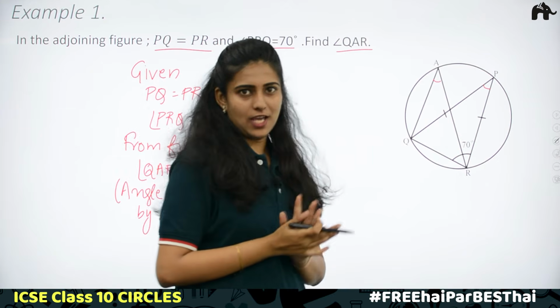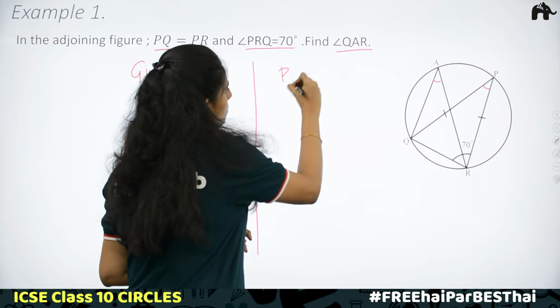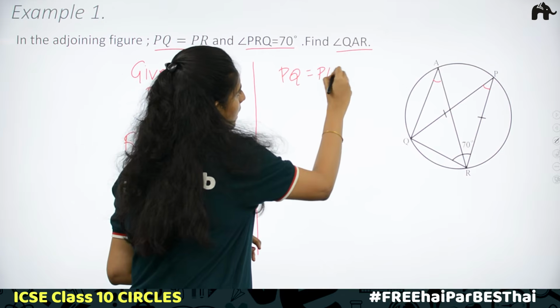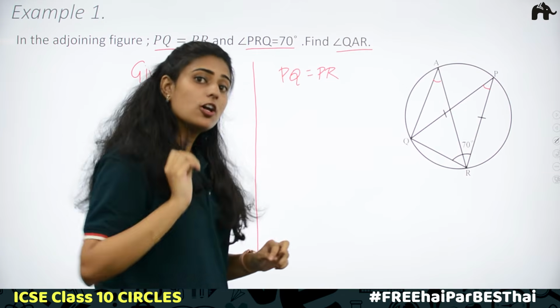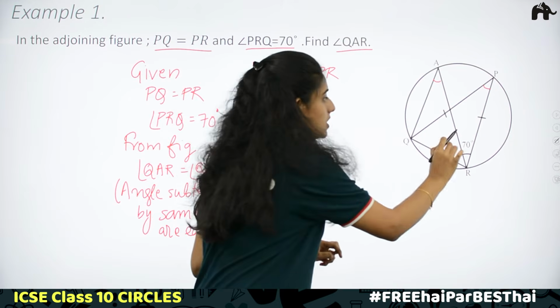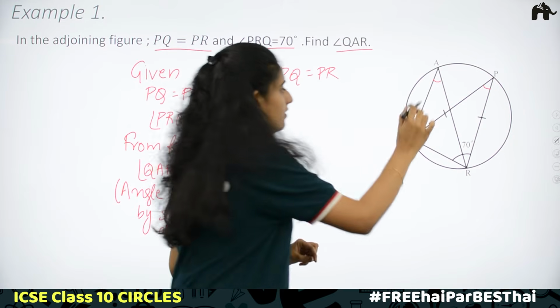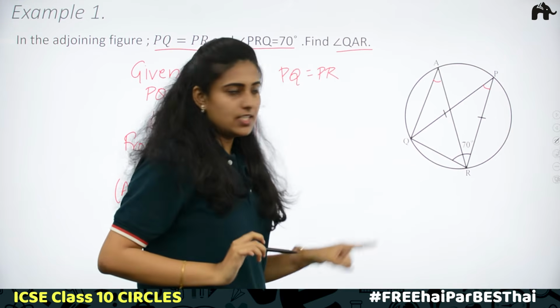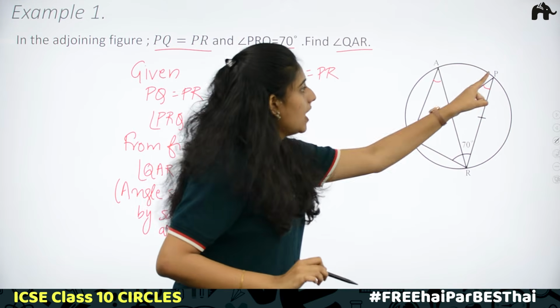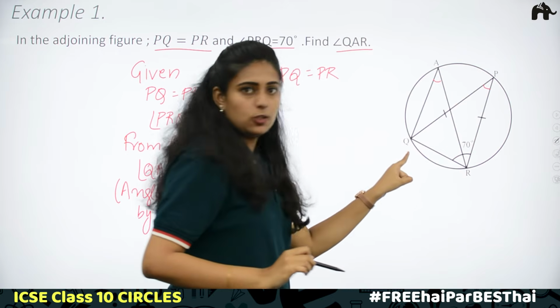How to find QPR? We have PQ is equal to PR, which means angles opposite to them will also be equal. Angles opposite to equal sides are equal. Here we have the measure PRQ equal to 70 degree. PRQ is an angle that is opposite to PQ.